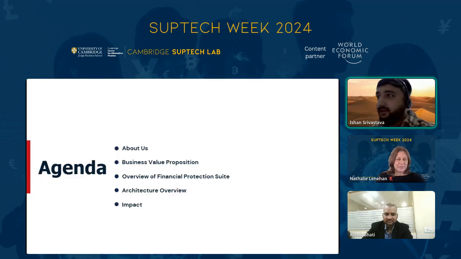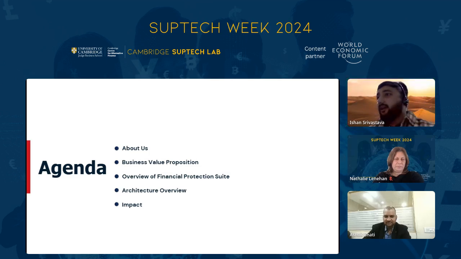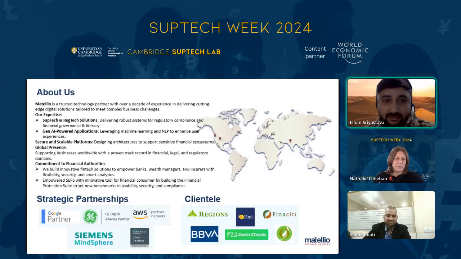Moving ahead, the agenda for today is I'll be talking a bit about Matellio, what we do as a company, and then the business value proposition for the project that we are executing, and then the overview of the complete project, followed by the architectural overview and the impact. All about us at Matellio, we are a trusted global technology partner with over a decade of experience delivering innovative digital solutions tailored to complex business challenges.